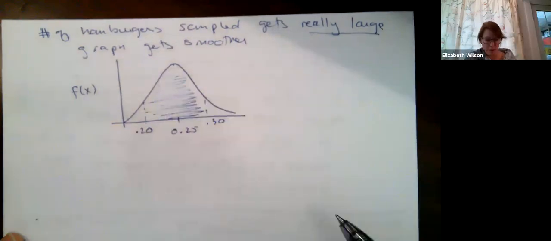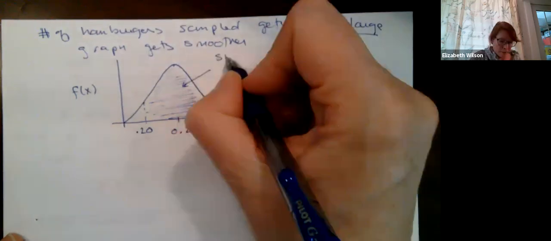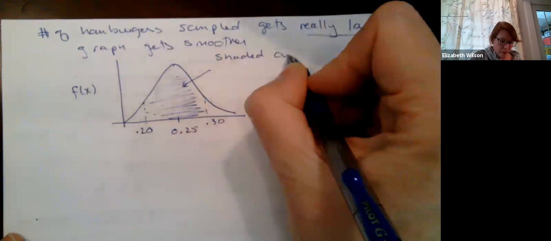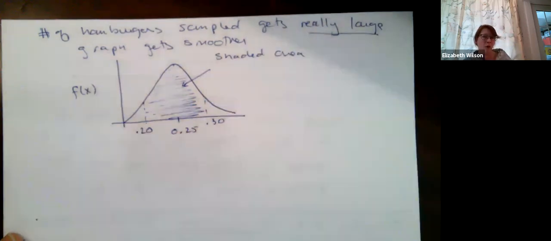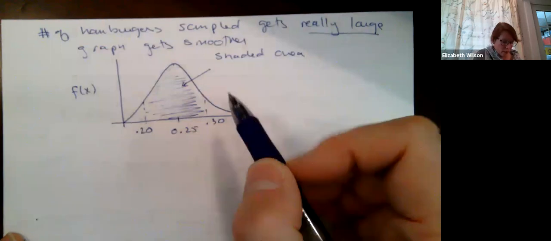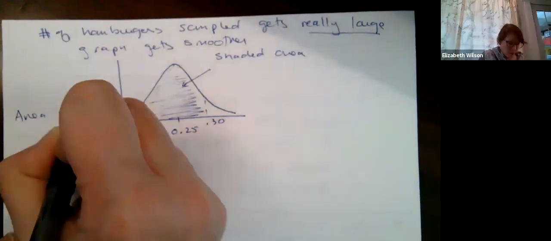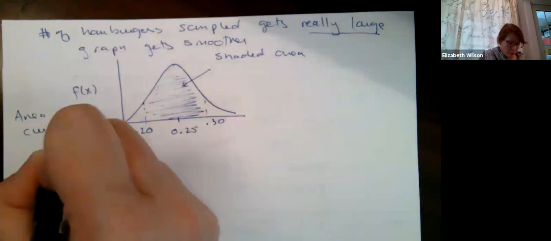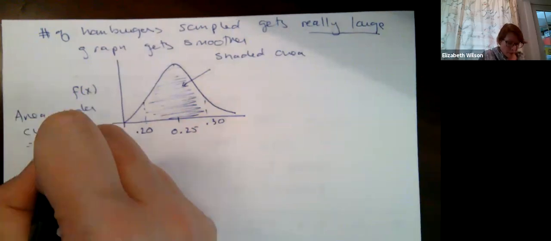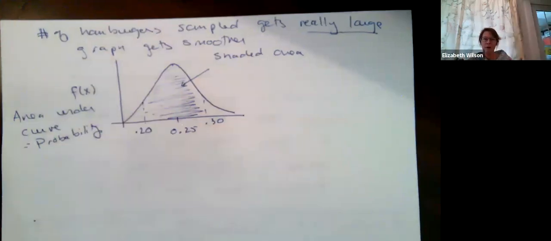So I'm going to take a look at this shaded area, and actually in reality, the whole area under the curve is our probability. So I'll write this over here: area under the curve is equal to the probability. Remember in the discrete sense, we have all these outcomes, and they're all assigned probabilities.